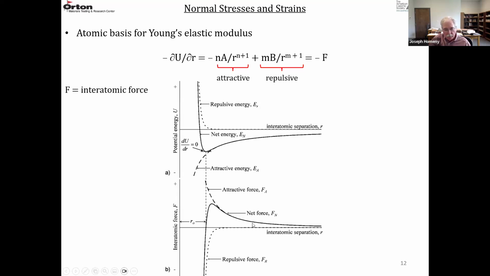And now this is the force. The solid line is the force versus interatomic separation. So the minimum in the potential energy curve corresponds to where this force curve crosses the 0 line here for force. So this is R0, the interatomic separation. The force is 0, and the potential energy is given as the minimum here in this curve.